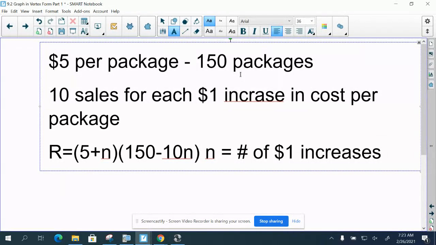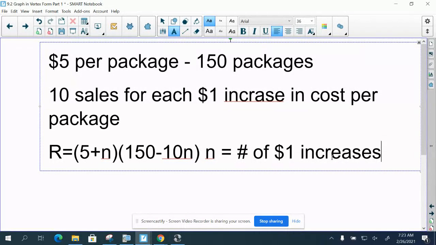And then they're saying that if you're going to lose 10 sales for each $1 increase in package. So they're saying that the higher the cost is, the less people are going to buy, or the less money overall. So this is the 150 minus the 10n, and then 5 plus n, that's the $5 per package, plus n number of $1 increases.